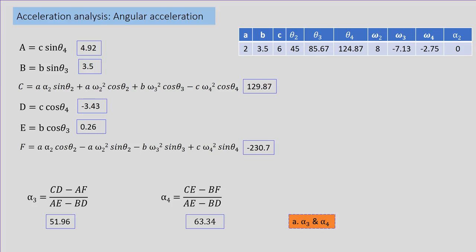You need to just identify the correct link length, and you need to identify which configuration you are given. Once you identify these two important factors, then it's really simple, just using this equation, and you can find whatever you are asked for.